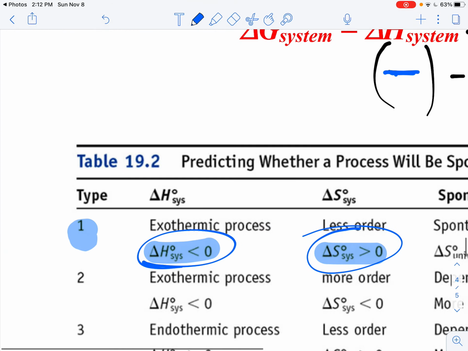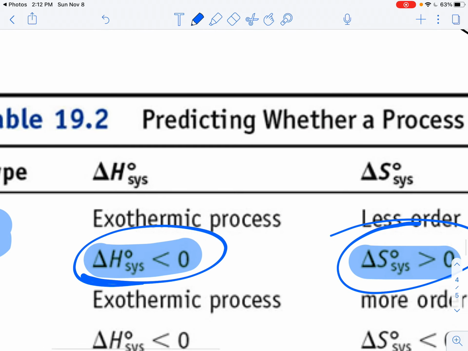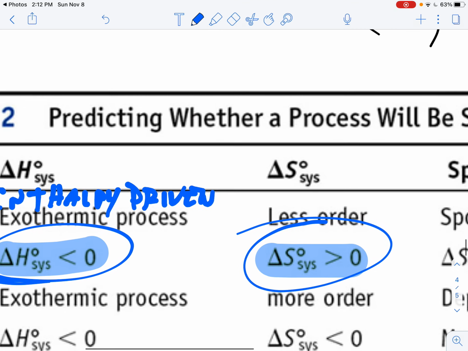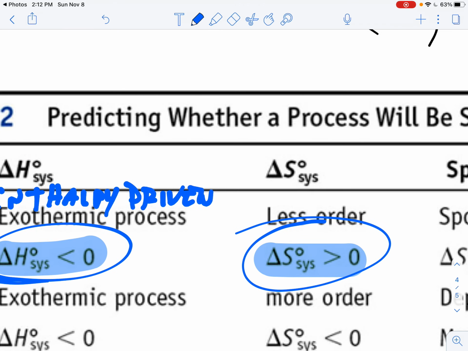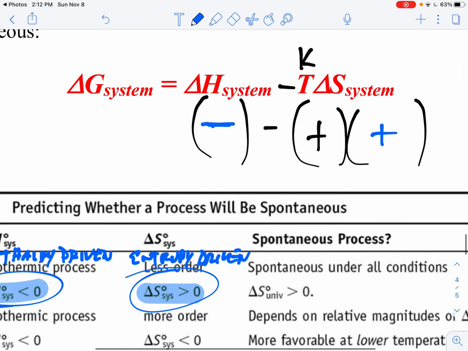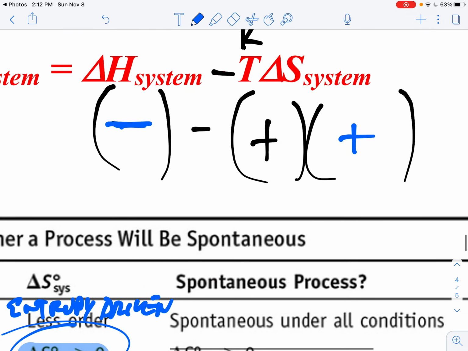Both of these are driving the reaction towards spontaneity. So because this is exothermic, you can say it is enthalpy driven. The enthalpy is helping. And because the delta S is greater than 0, you can say that this is entropy driven. So both factors are helping in this particular case.